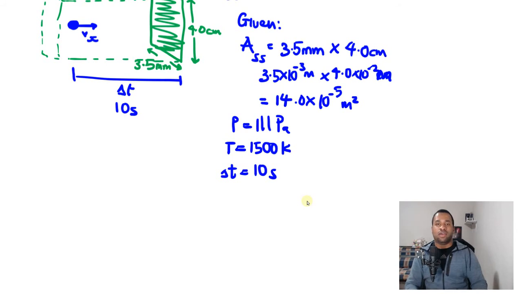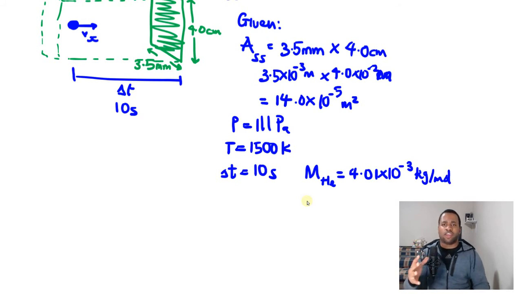Next is the molecular or atomic weight of helium. We need to convert it from grams per mole to kilograms per mole. Looking at the periodic table, it is around 4.01, and converting to kilograms per mole, we multiply by 10 to the negative 3 kilograms per mole. Once you have this, there are other standard units that we're going to come across, which include the following.